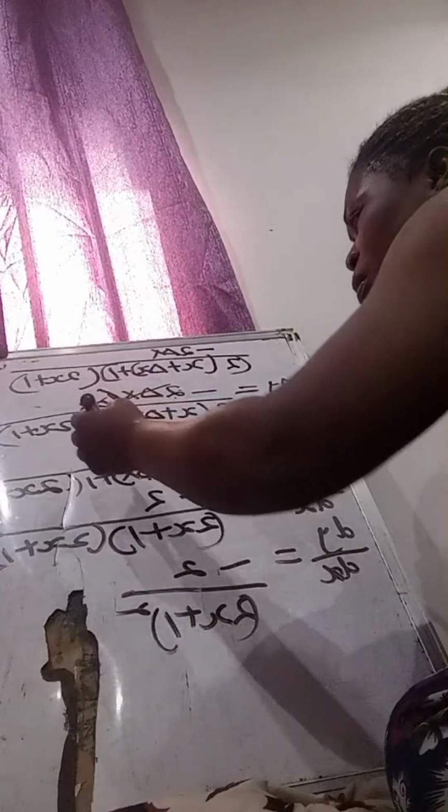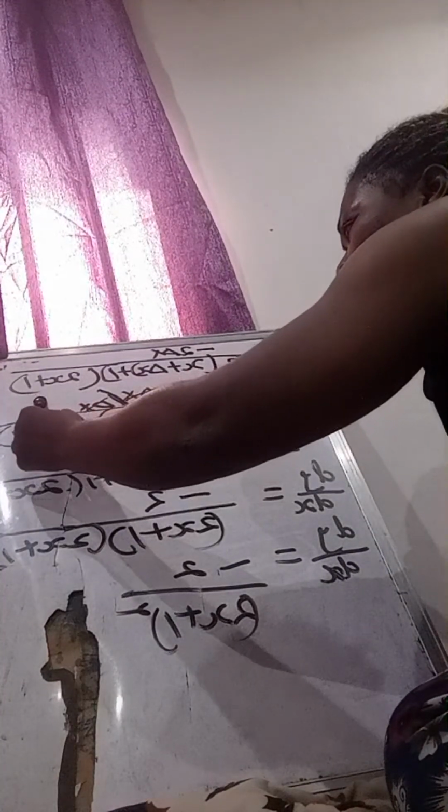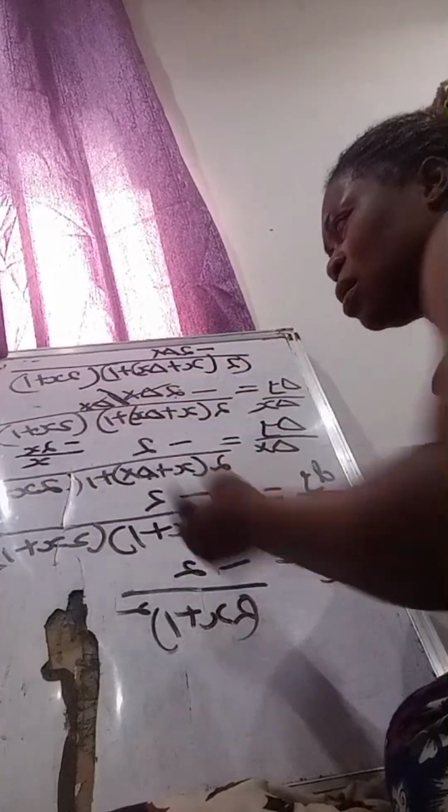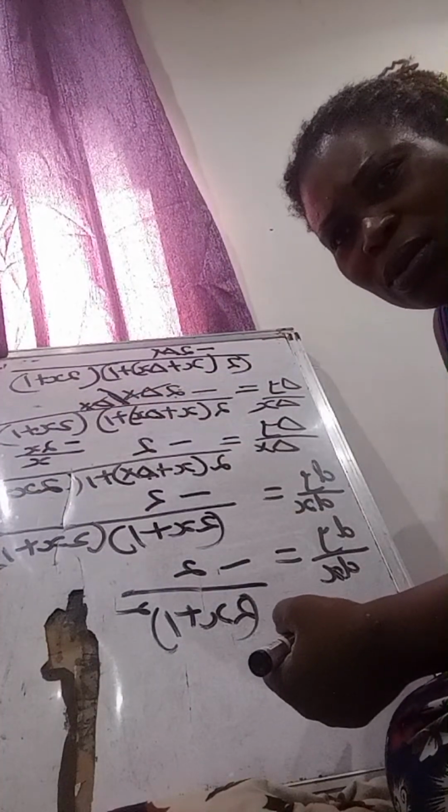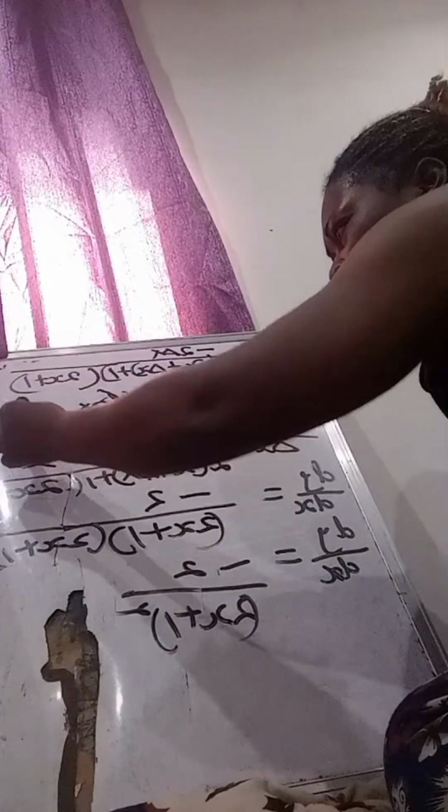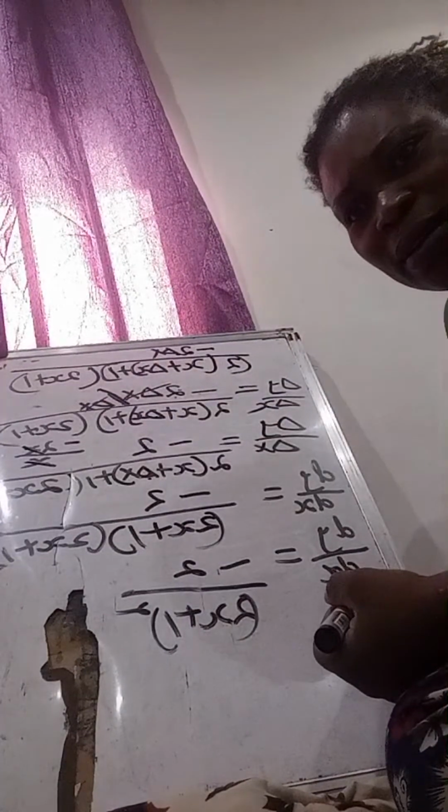If you have minus 2x over x, will it affect minus 2? No. x will cancel x, minus 2 will be there.